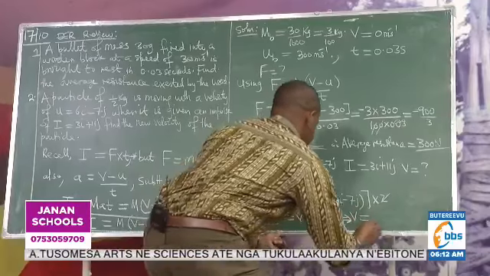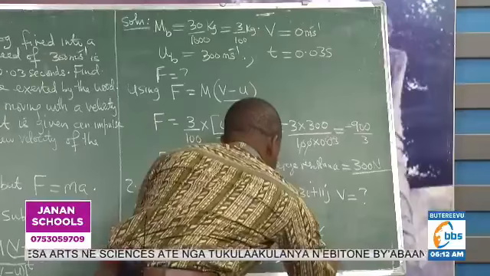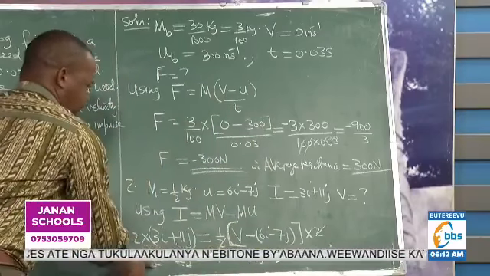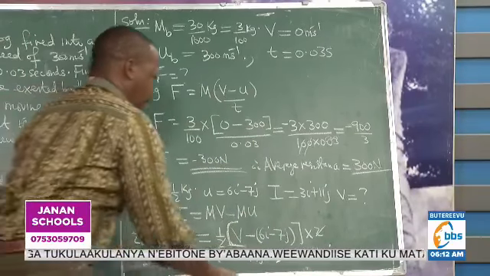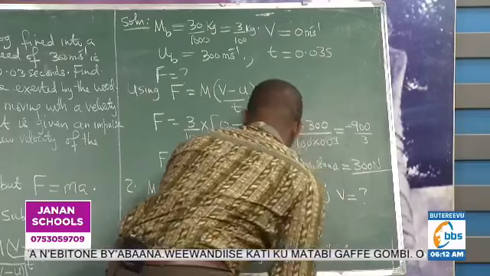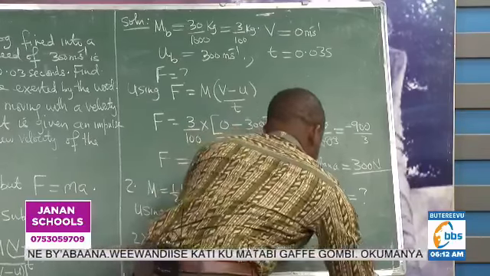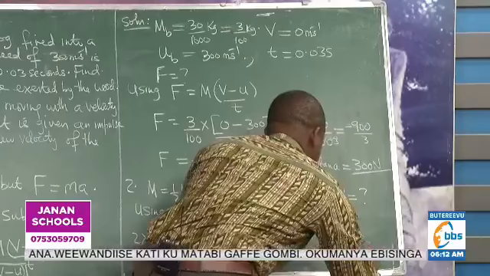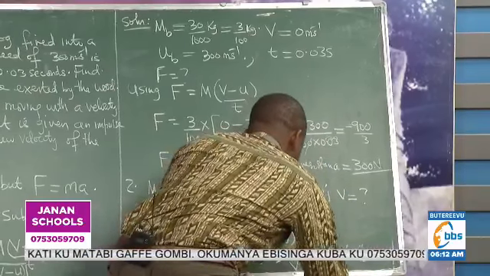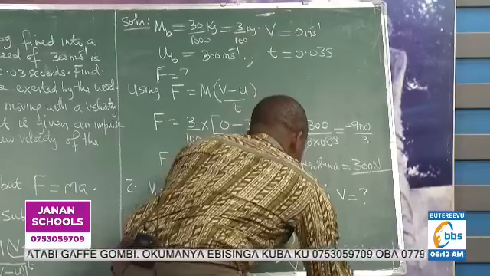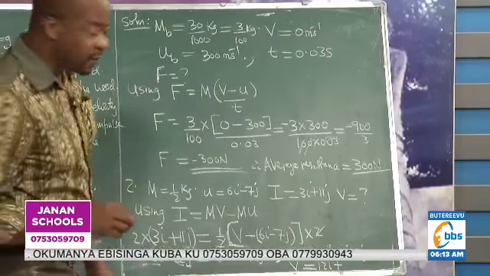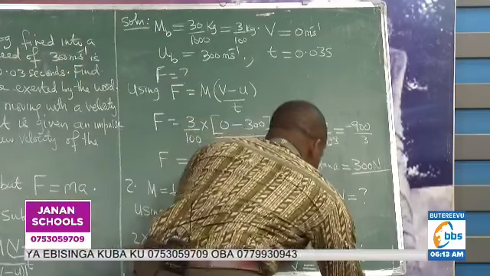So my V finally will be 6I plus 6I. This 6I crosses to become a positive, it adds itself there, plus 22J. This 7J will cross to be taken away from the 22, meaning that our final velocity will be 12I plus 22 minus 7, which gives us 15, so 15J.